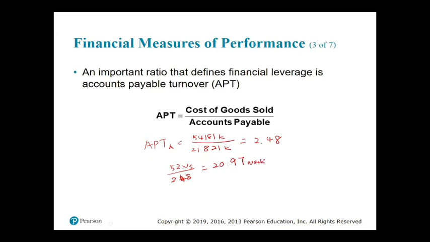And that's very attractive because the longer you can hold this money, the more you can use it to finance your operations. The same measure for Nordstrom is equal to 5.25, so much higher than Amazon.